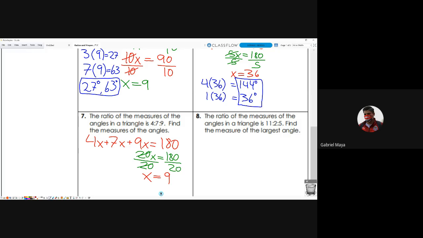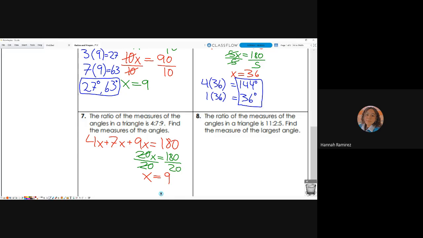Are you done? I think so, because it's not asking for both angles or... Read the problem. What does it say? Find the measures of the angles. Okay. So you're almost there. You just missed the last part.